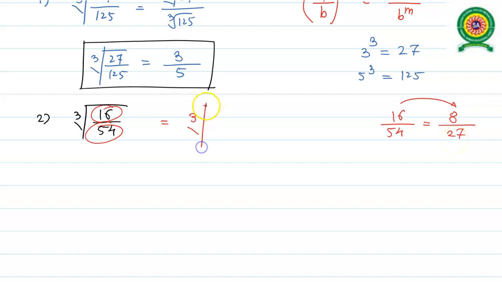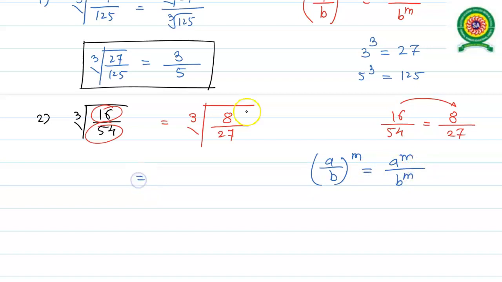So cube root of 16 divided by 54 becomes cube root of 8 divided by 27. As per the rule of indices, if we have a by b whole to the power m, we can write it in the form a raised to m divided by b raised to m. So once we separate out the power, here the 1/3 power means the cube root, so that we have cube root of 8 divided by cube root of 27.